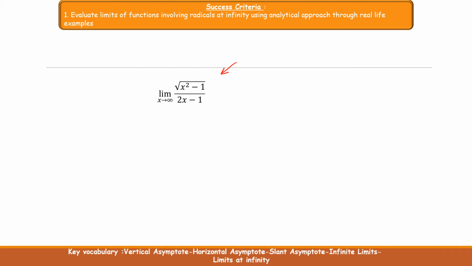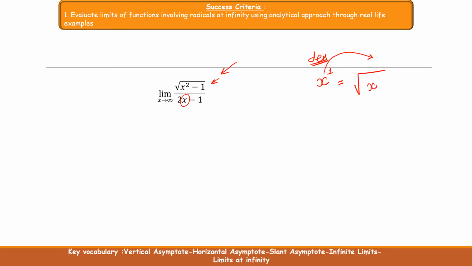So in this case, the first thing is I will focus on my denominator, and I can see that the highest power of the variable is x, right? So x has power 1. But on the top I have the square root. So without the square root it has x power 1. If I want to write something inside the square root, so what shall I write?